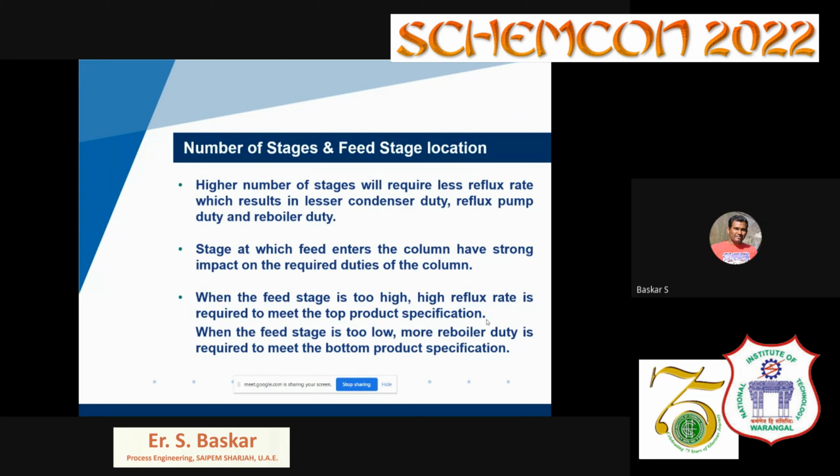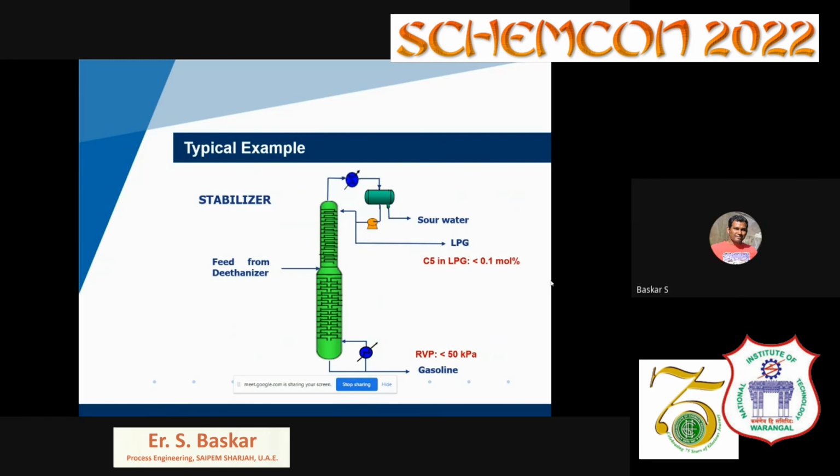The same way, when the feed stage is too low, more reboiler duty is required to meet the bottom product specification. Now, how to optimize the number of stages and feed stage location, that I will explain through an example.